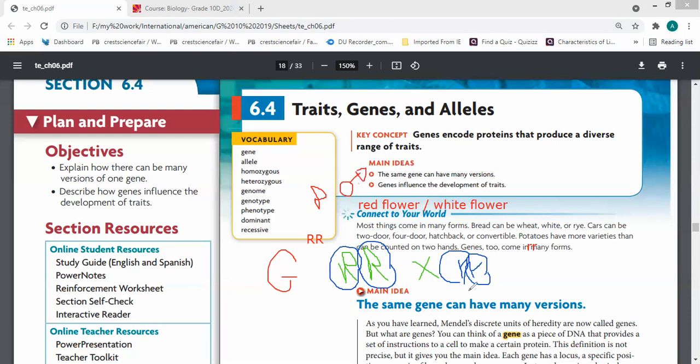This symbol represents male, and in case of female, this symbol represents female. This one for male, this one for female.